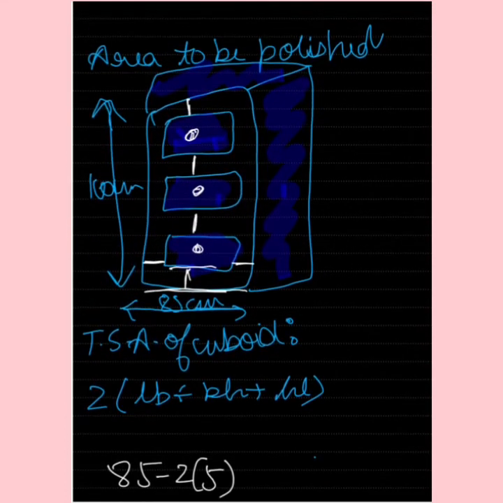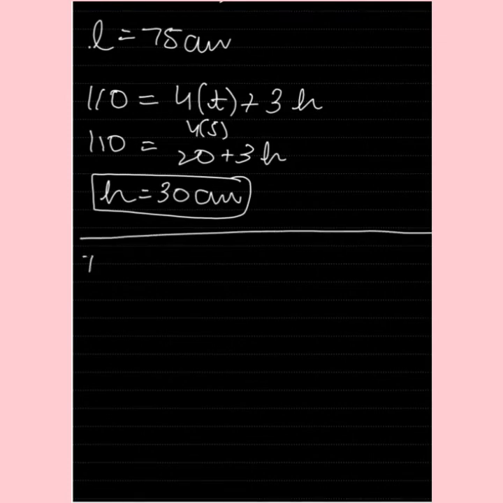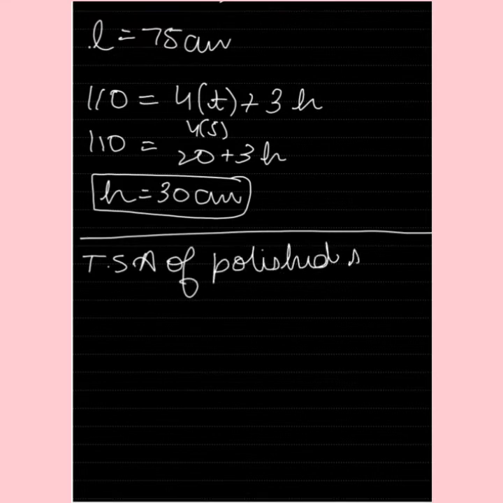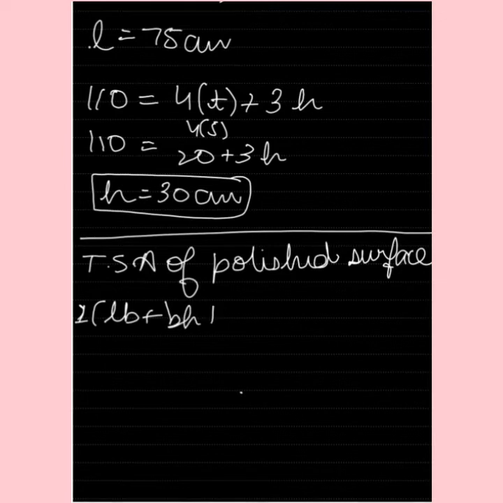From here we can calculate the TSA of the polished surface. So let's find the TSA of polished surface, which is equal to 2 LB plus BH plus HL, minus the thrice of the area of the front face.